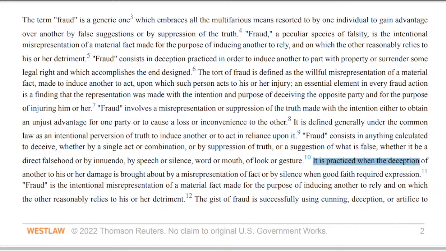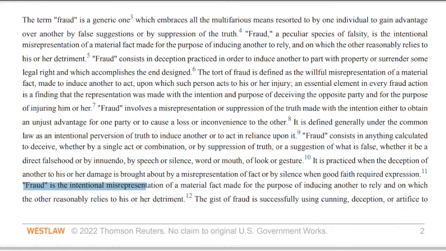It is practiced when the deception of another to his or her damage is brought about by a misrepresentation of fact or by silence when good faith required expression.